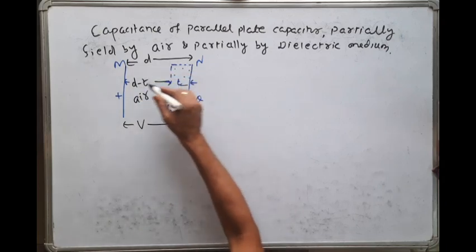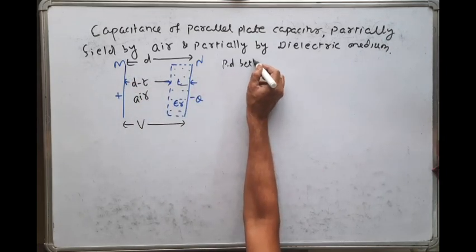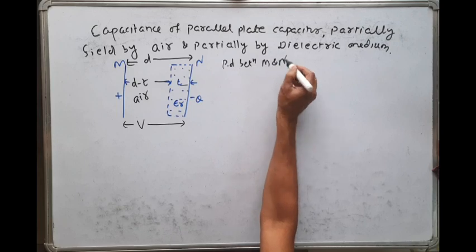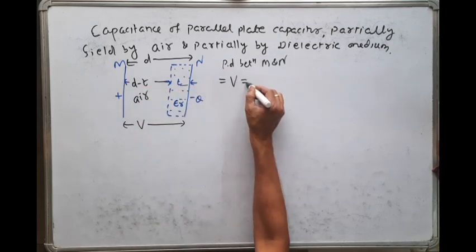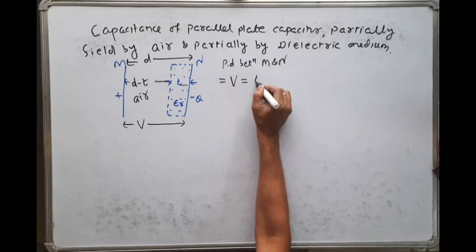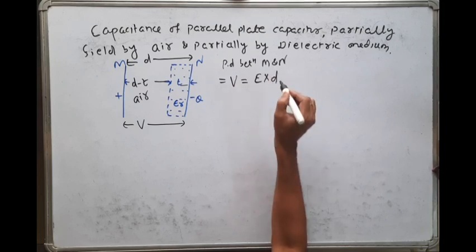Now what is the potential difference between plate AM and plate AN? The potential difference between AM and AN is nothing but V. That V can be written as the electric field intensity inside the plate into the distance of separation.